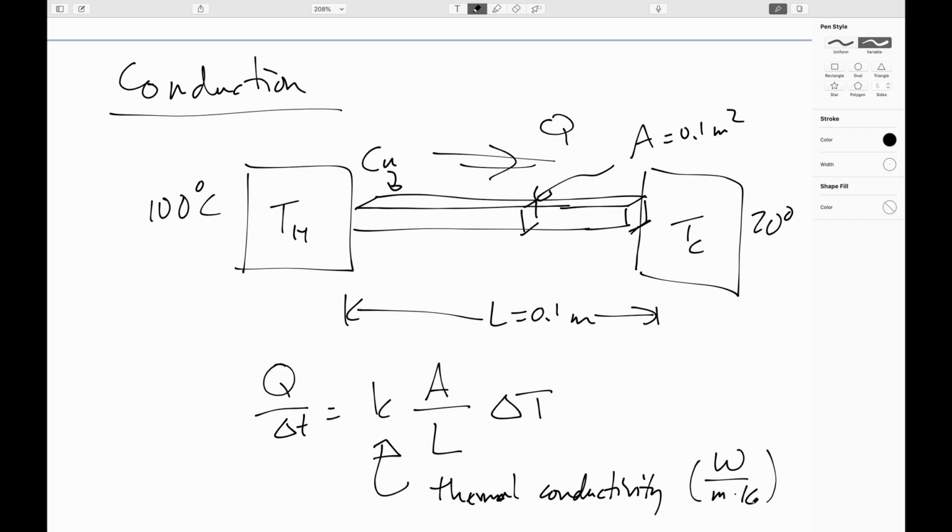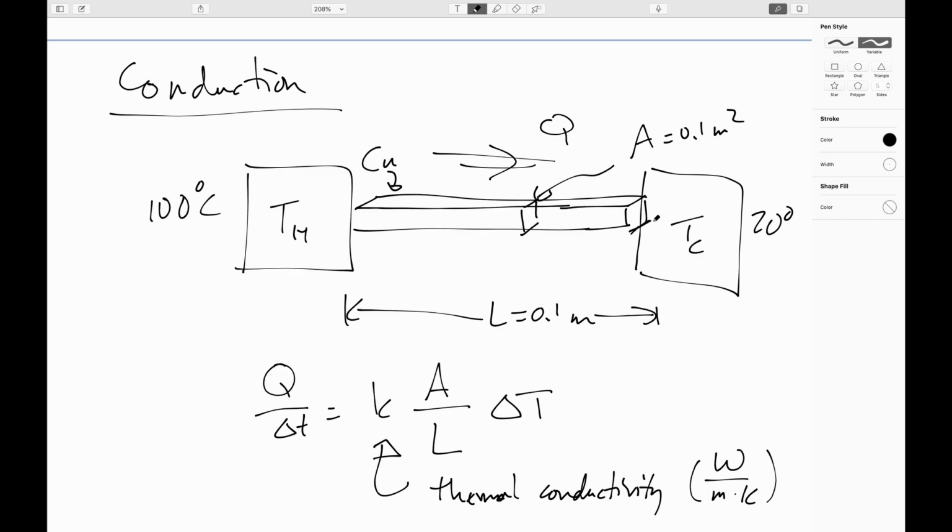So let's try to at least argue why this would make sense. The greater the difference in temperature between the hot and the cold reservoir means the greater the difference in the average thermal energy of each molecule. So collisions will be more violent, and as the heat transfers along the rod, you'll have collisions between the copper atoms in adjacent layers.